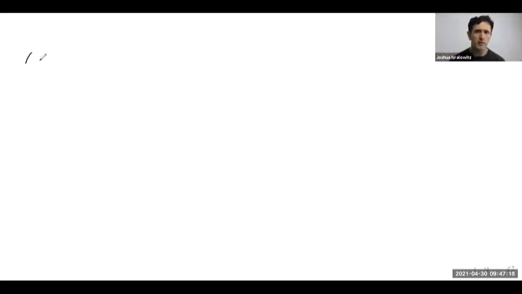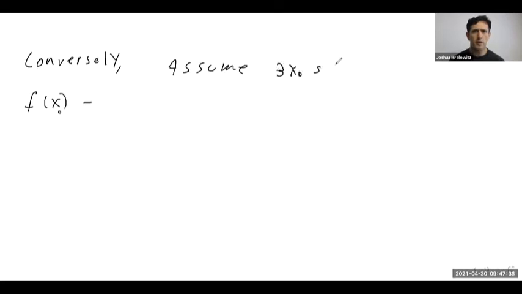All right, so let's do the converse. Conversely, assume that for some x0, f of x0 minus g of x0 is not equal to 0. Okay.